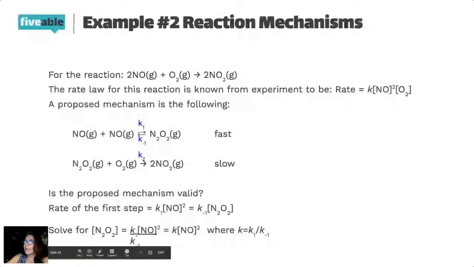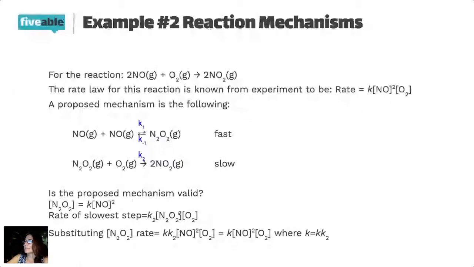So now the next step is to substitute N2O2 in the slowest step. So now N2O2 we substitute with what we had before, and we will get this. We have again 2 K's, but it doesn't matter because K is a constant, so we can place them together as a new constant.